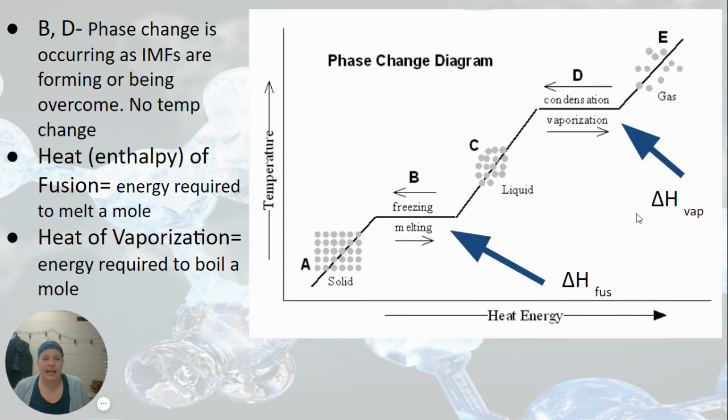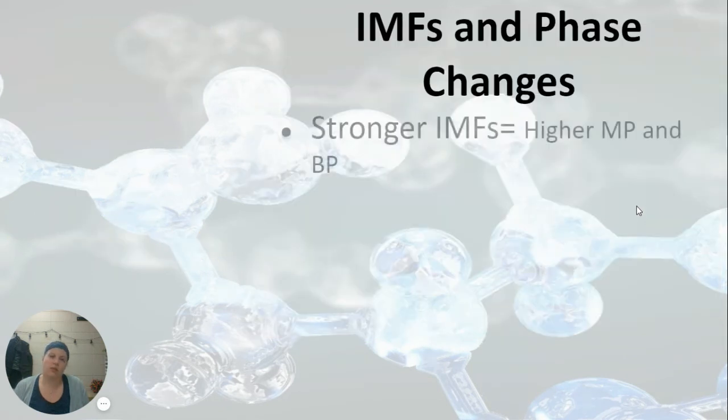So how this ties back into our intermolecular forces is that stronger intermolecular forces mean higher melting points and higher boiling points for those substances. If I have strong glue holding those molecules together, the intermolecular forces that form that strongly connected solid lattice are going to be harder to break apart than weaker intermolecular forces.